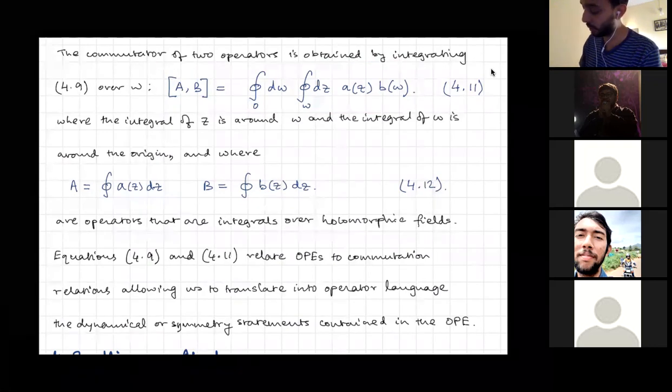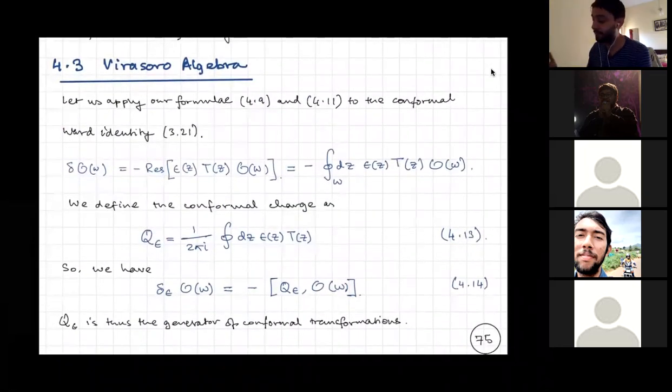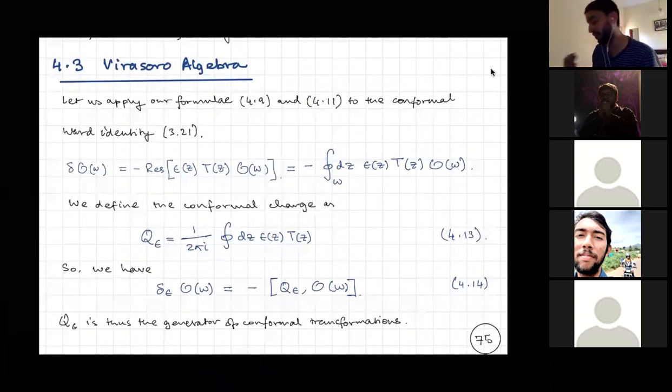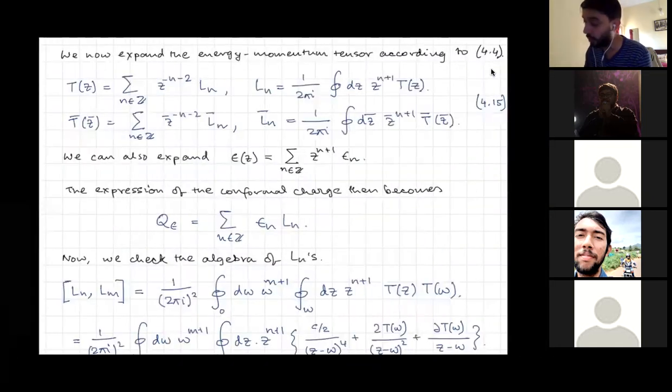We applied all of this when we were trying to understand the Ward identity. First we repackaged it in this language, and we saw that the change in the operator O under these conformal transformations could be looked at as the bracket of Q_epsilon with the operator O. Then we looked at T(z) and T(z bar).